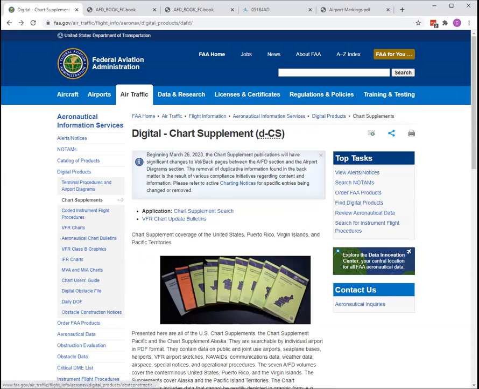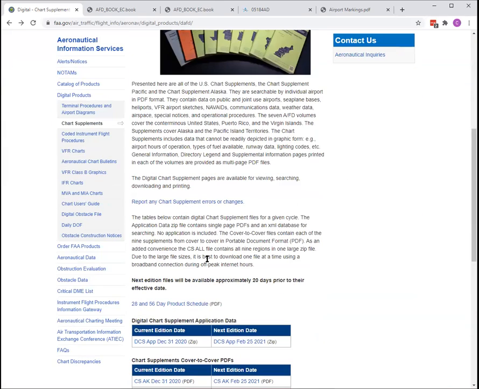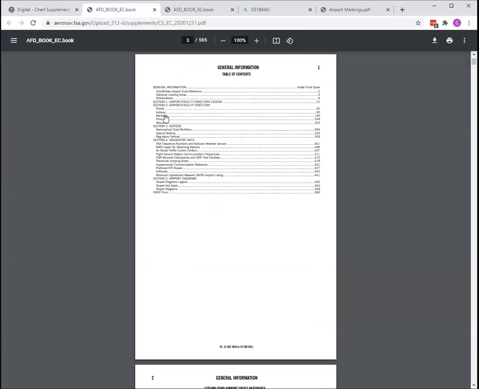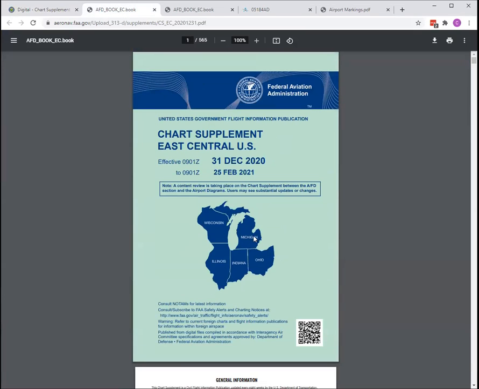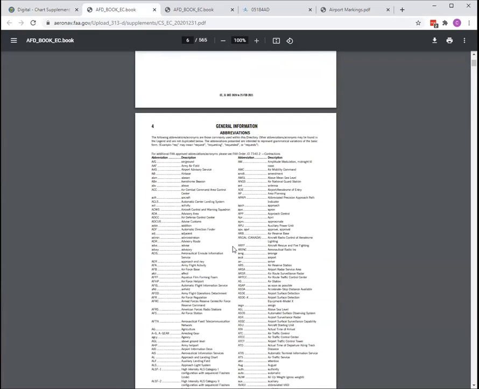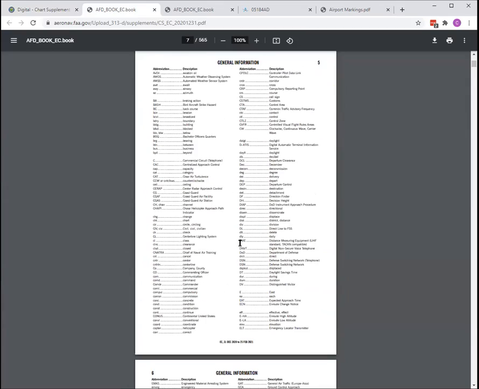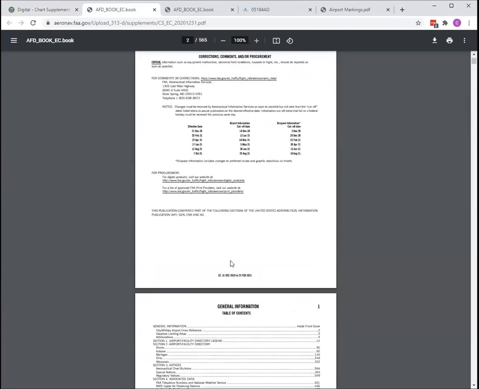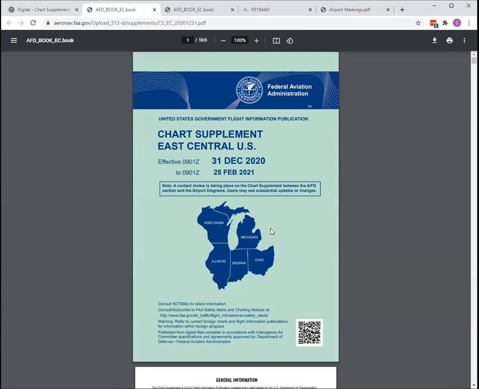It goes along with the sectional charts, and it provides information about airports that are located in that region. It might update some things that were not previously on the sectional chart.